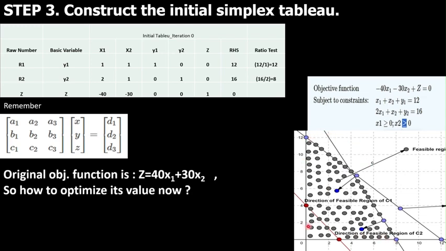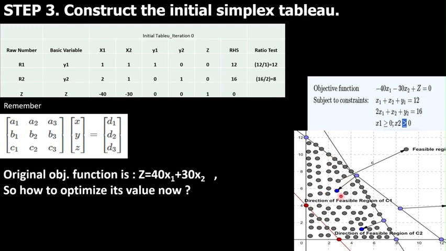We have here 4 corner points: 0 and 0, 8 and 0, 4 and 8, and 0 and 12. Any other point is called an interior point. Either it lies on a line between corner points, or inside the feasible region.